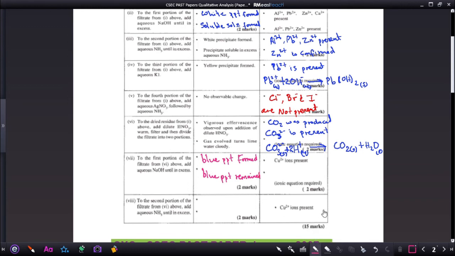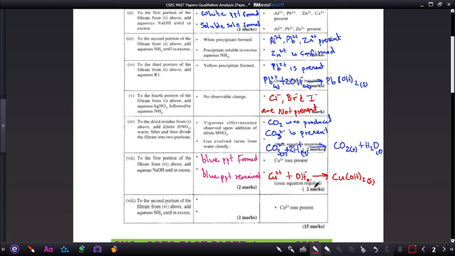Now the next part says they want you to write an ionic equation, and the equation that we are interested in is the copper hydroxide: Cu2 plus, the hydroxide ion from the sodium hydroxide, and that would produce copper hydroxide, which is the PPT, and so a solid would be produced.